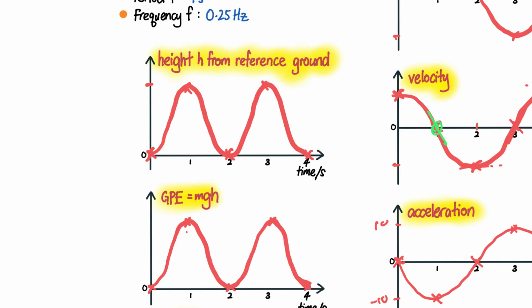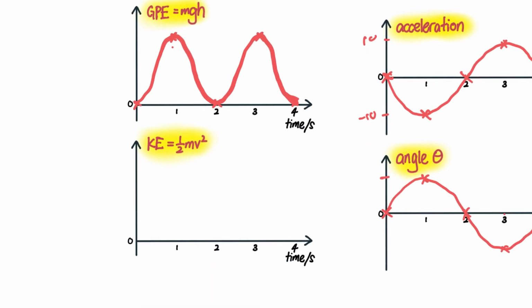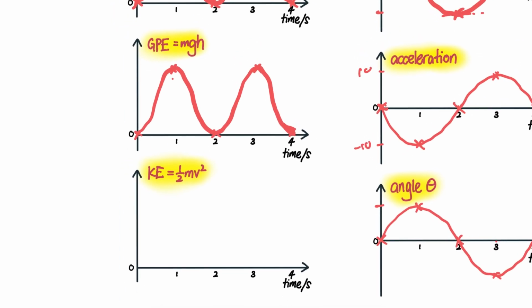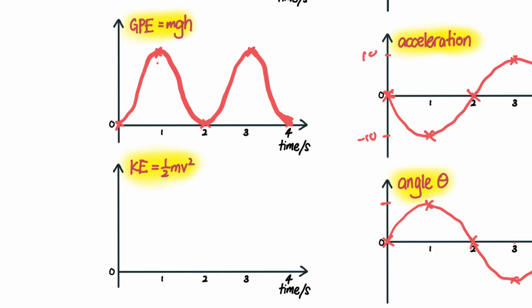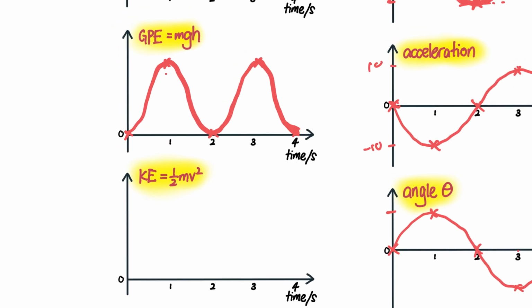All right. And the last one here, KE. As you know, conservation of energy: energy cannot be created or destroyed, but it can be transferred from one store to another. So in this case, it's between the gravitational potential store and the kinetic store, but the total energy of the isolated system remains the same.